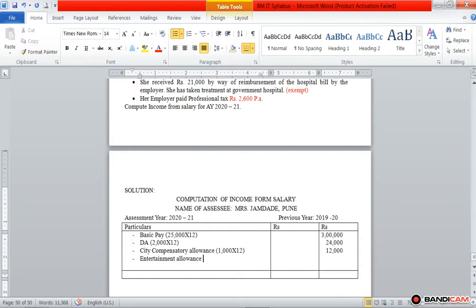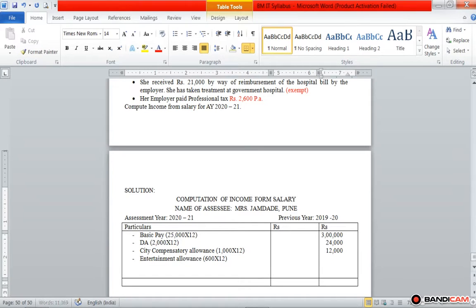So entertainment allowance is 600 per month, so 600 multiplied by 12, we get 7,200 entertainment allowance received during the previous year.